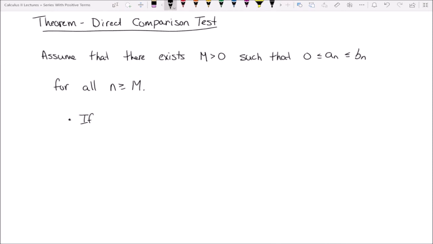If series n goes from 1 to infinity, b sub n converges, then the series n goes from 1 to infinity of a sub n converges.